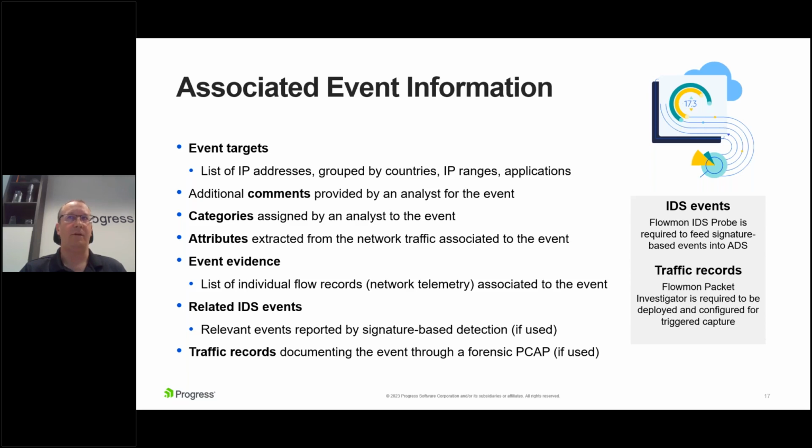If you have Flowmon IDS probe deployed, you can also see relevant events that are reported by the signature-based engine for additional context. And if you are using Flowmon Packet Investigator, you can get a forensic pickup automatically captured for critical events and available in the user interface for a subsequent analysis.